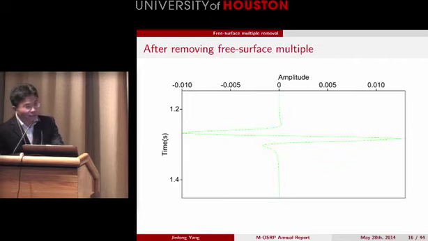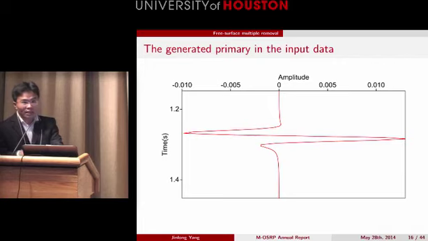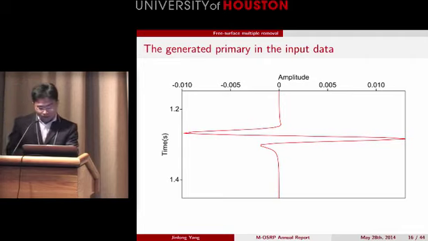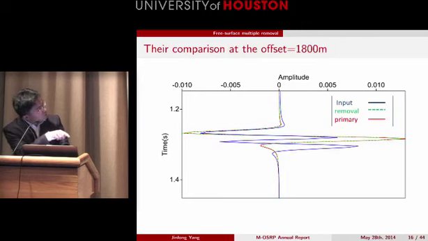You cannot see any difference. It means our current algorithm has the ability to predict and remove free surface multiples completely. If I put the three events together, you can see this. The blue one is the input data. The green dash one is after free surface multiple removal. The red one is the generated primary.